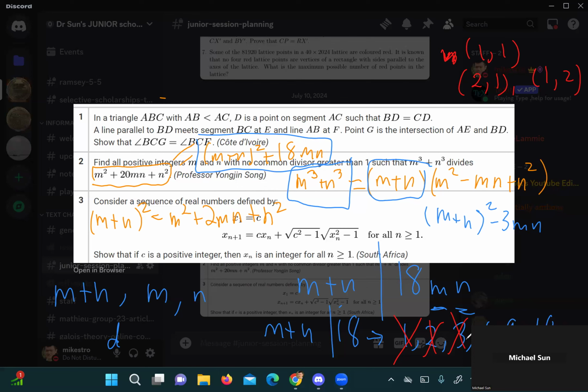What's the one? If m equals 1, n equals 5, what happens? It's like 126 divides 126. It actually works. That's amazing.